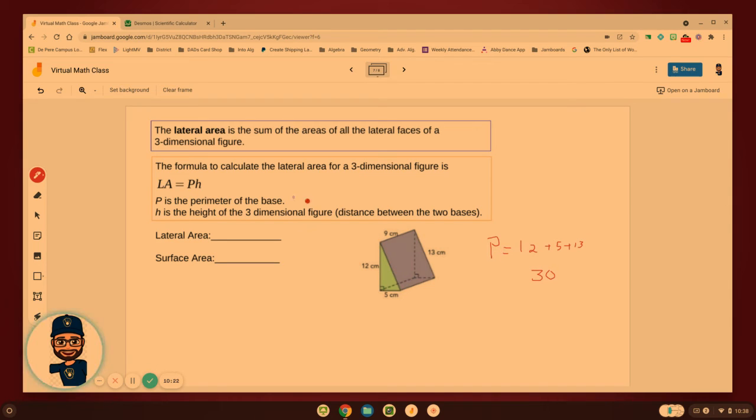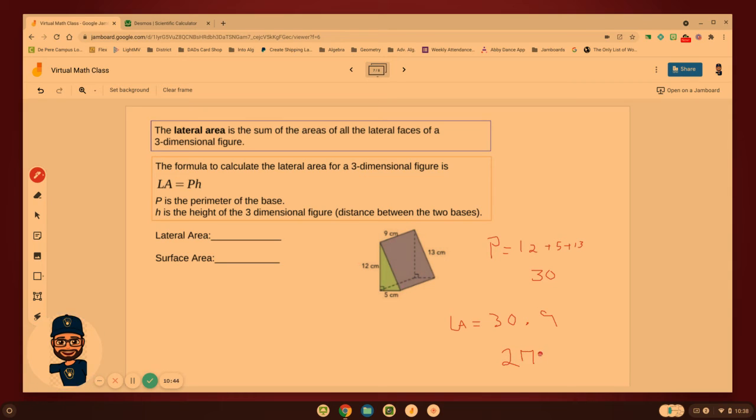So the P in this formula equals 30, and LA equals the perimeter of 30 times the height between the two bases, or in this case, how far apart are these two triangles? 9 centimeters.